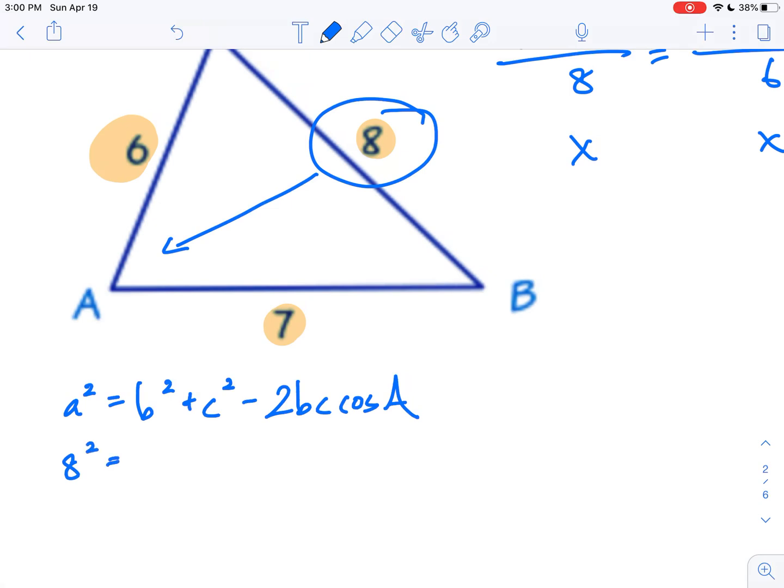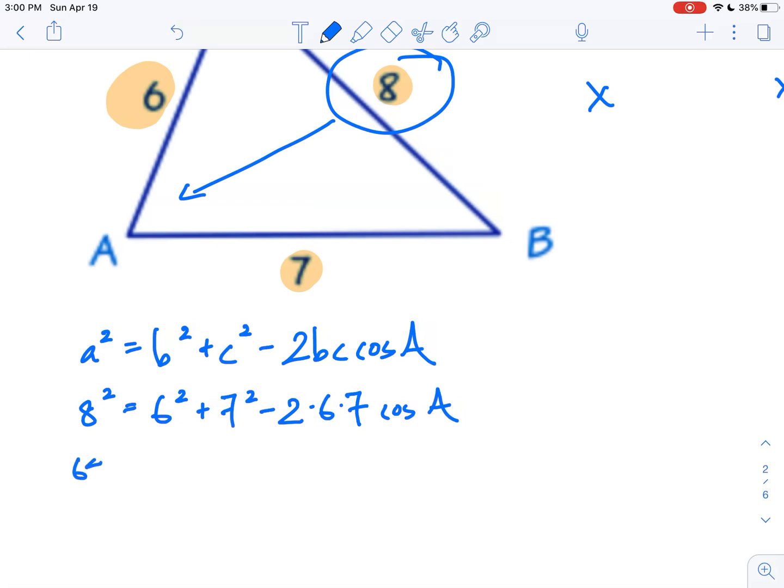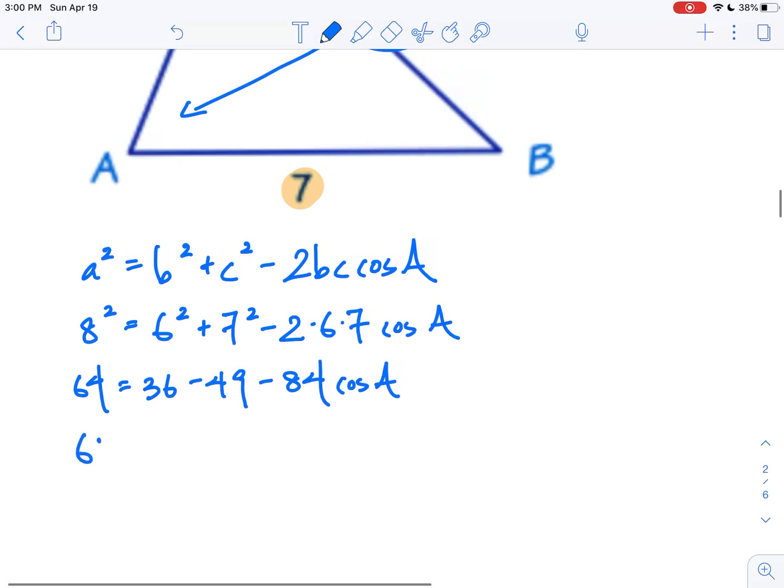So 8 squared equals 6 squared plus 7 squared, let's stay consistent, minus 2 times 6 times 7 cosine of angle A. So we'll get 64 equals 36 plus 49 minus 84 cosine A. So 64 equals 85. Sorry, that's a plus. 85 minus 84 cosine A.